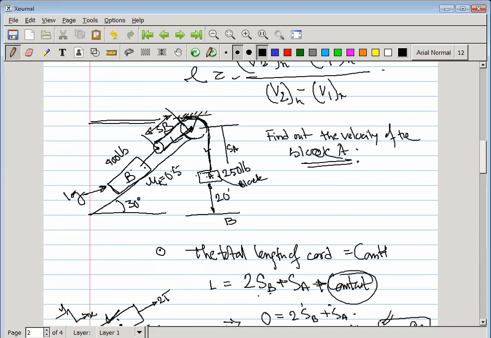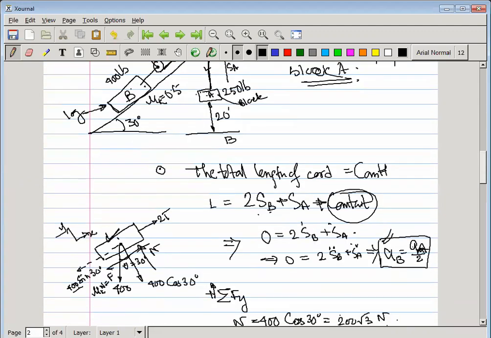When a dynamic problem with friction comes in the question, you solve it in this manner. First, summation of force along the x-axis equal to 0 is the static equilibrium condition, and minus mass into acceleration equal to 0 is the dynamic equilibrium condition. Remember this.